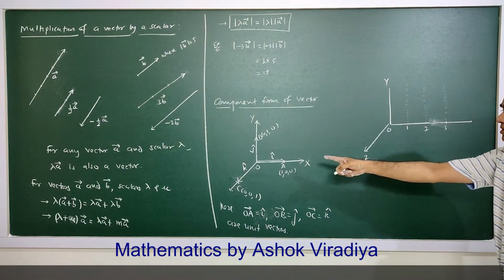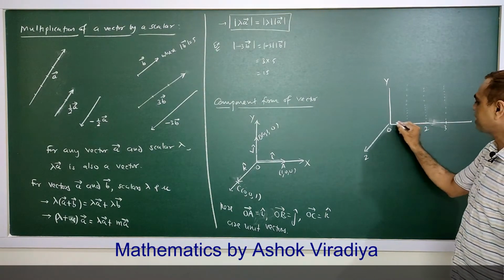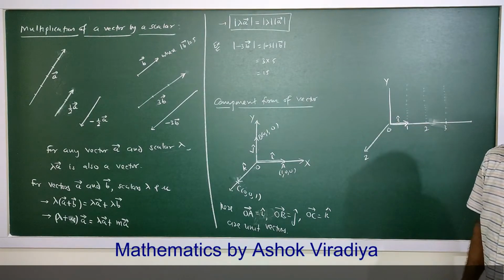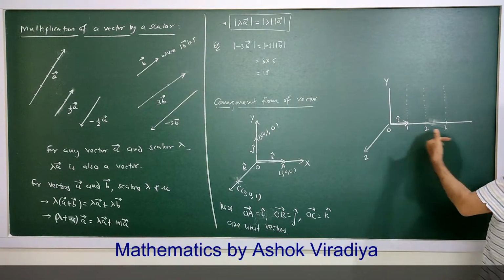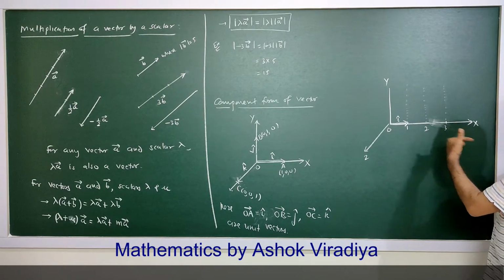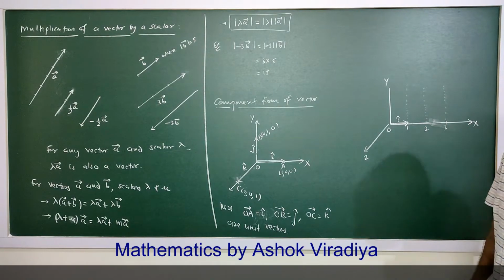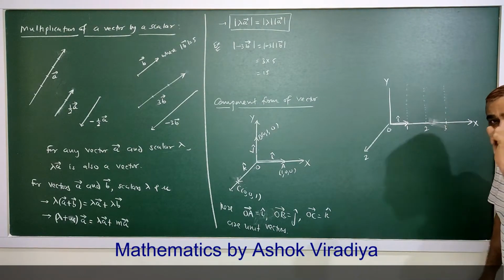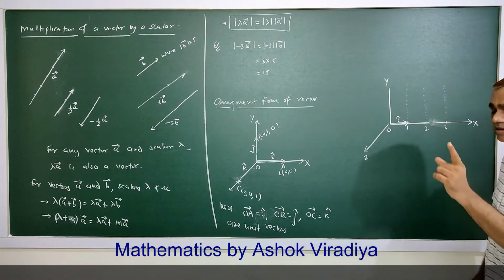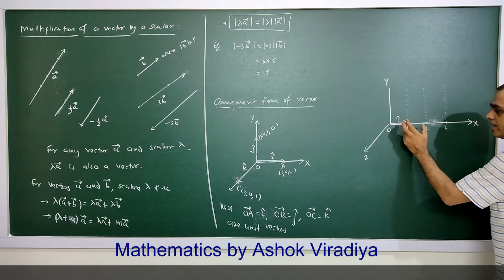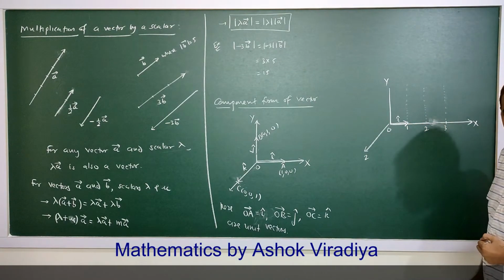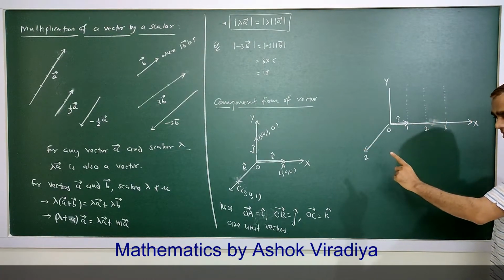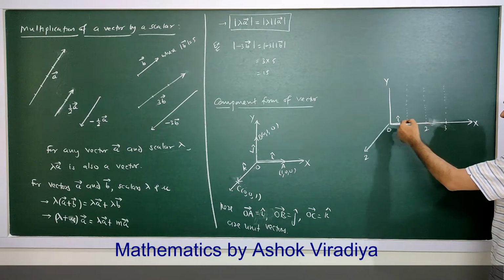So in this diagram, as I just explained, this is vector i, unit vector along OX, in this direction. That does not mean that i cap is a vector lying only on the X axis. See, the words are i cap is a unit vector in this direction.